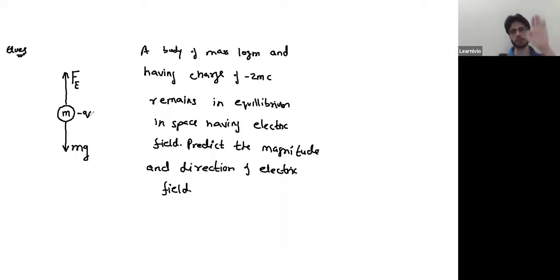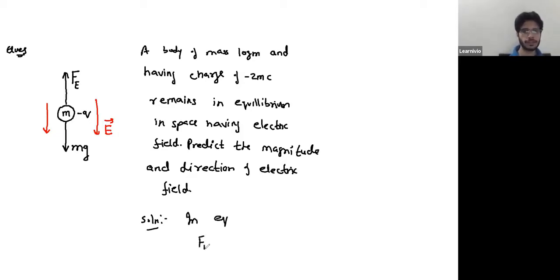So if you need force in the upwards direction, that means your field should act in downwards direction. Then only force will act in upwards direction on the negatively charged body.